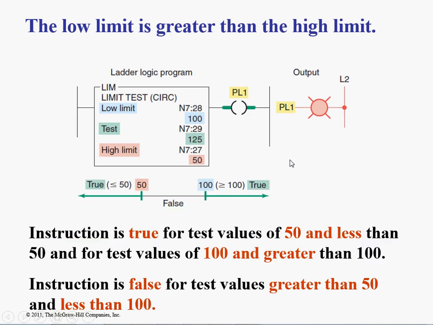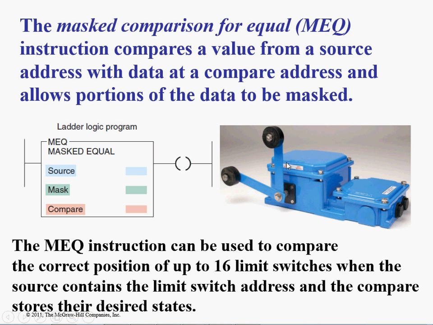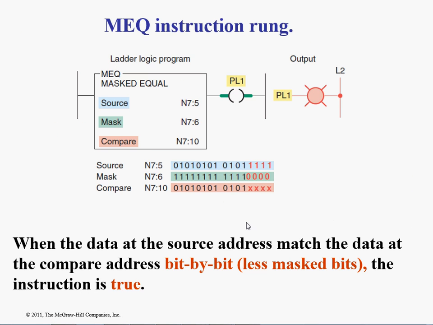So we've looked through all the limit instructions. There is a mask equal to instruction. What it's basically looking for on a mask equal instruction is, let's say we've got some kind of limit switches and you've got some machine, and in order to run product A, all this stuff has to be set in the correct position.